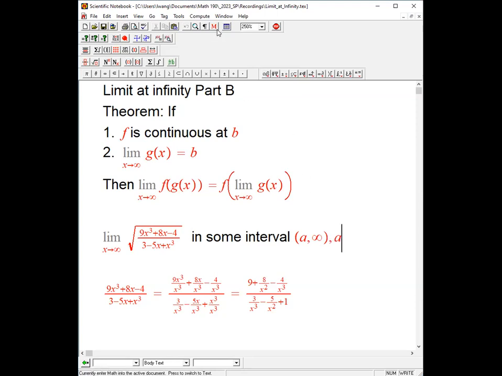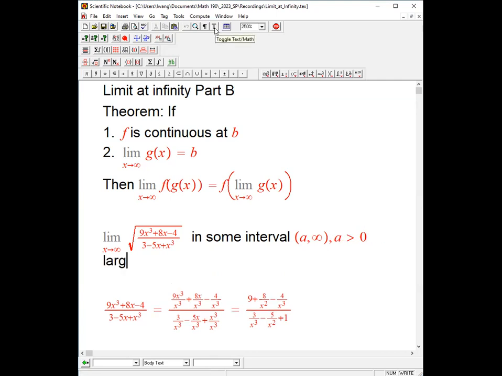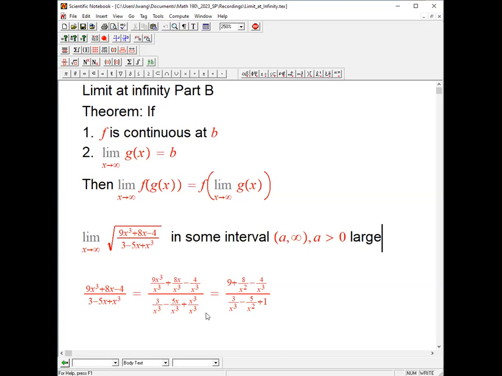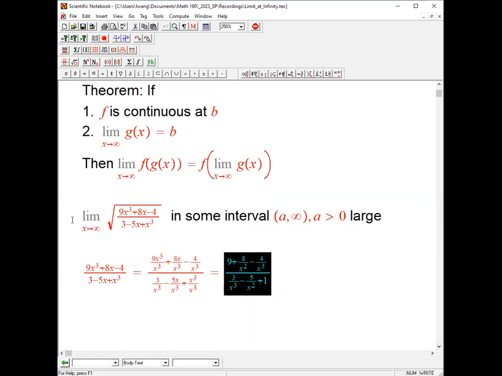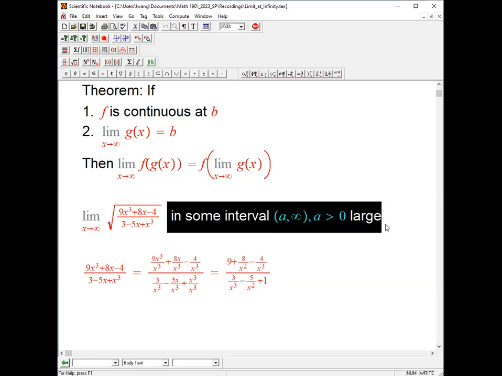Okay, a is positive and it's large. So we work all of these out in that interval. So a is positive, so all of these will work, right? Because the fact that we're using this limit notation and the definition on limit always just comes with it.